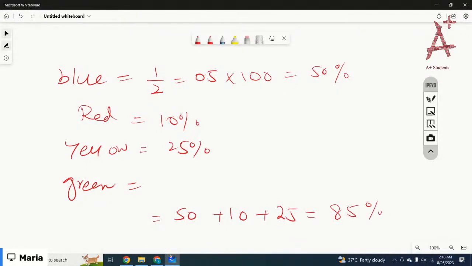That means 85% of the page has the color blue, red, and yellow. The remaining is green, right? That means 100 minus 85 is 15%. That means 15% of the page is green, right?